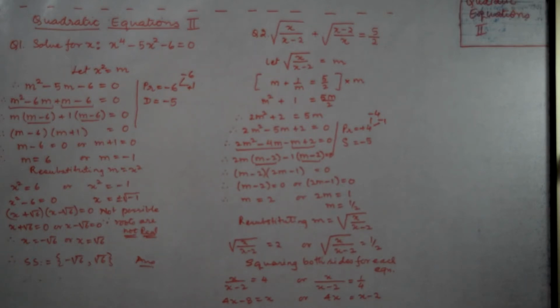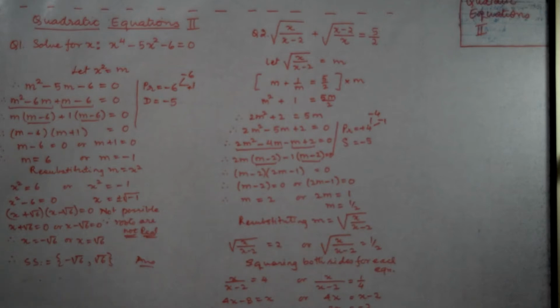So therefore you will have 3x is equal to 8, or 3x is equal to minus 2. Therefore x is equal to 8 upon 3, or x is equal to minus 2 upon 3.